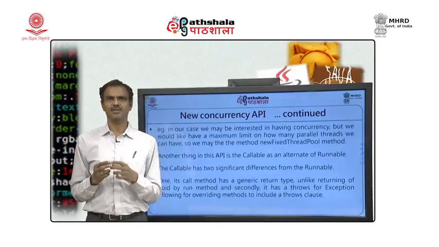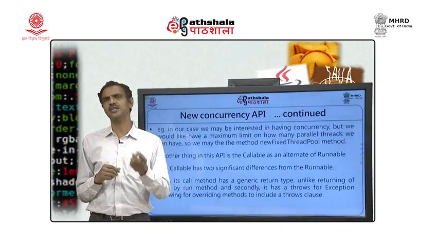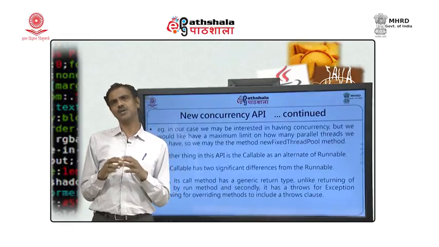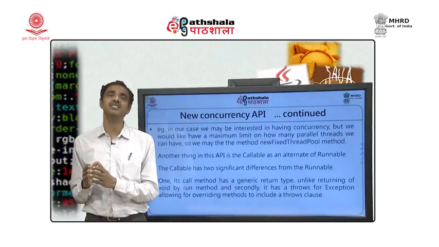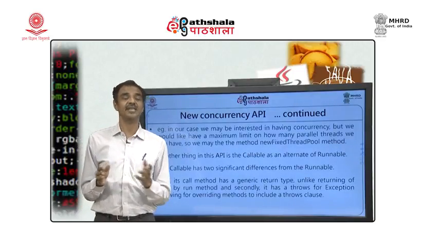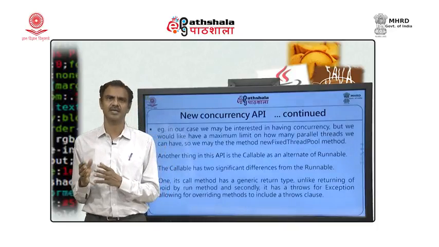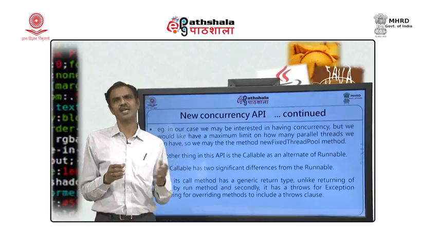The run method was returning void, whereas in the call method we are returning a generic type, and therefore, we can get results out of the execution which is being done separately. A run method returns void, so it was not giving back a result; it would just do some processing. Now, like a function, it is giving us some results also.